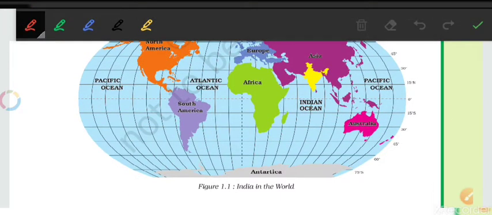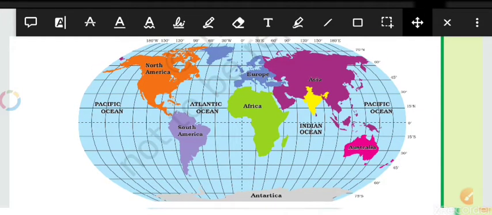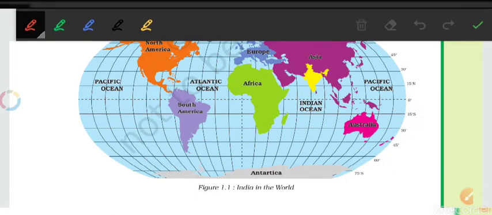As we all know, our earth, our globe, is divided by several imaginary lines so that we can get a better understanding of the globe and the geographical location of all nations. This is our equator line, and this is the 0 degree meridian line. Here is our nation India.